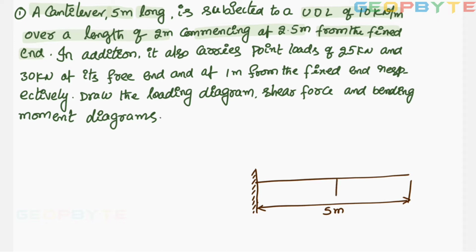At a distance of 2.5 meters from the fixed end, the UDL is acting. The UDL length is 2 meters, and the magnitude of the UDL is 10 kilonewton per meter. Okay.